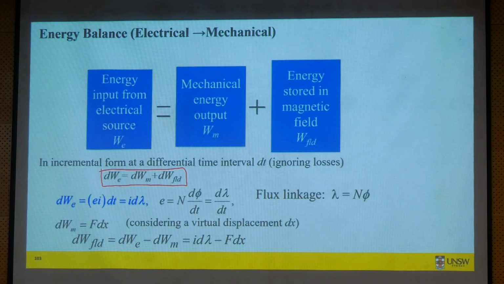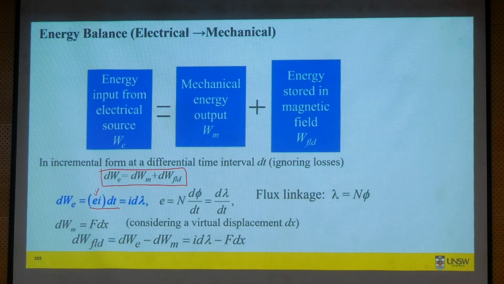Power multiplied by time is your electrical energy. So E is a voltage, and E times I multiplied by time we can express as our electrical energy. Now, this E is this voltage source, right? We can consider it as coming from a rate of change of flux linkage.